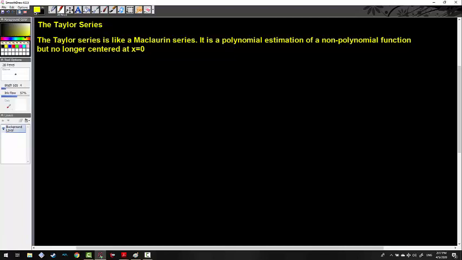So if we review from the last couple of videos, if we look at the Maclaurin shortcut, that was p of x is equal to f of 0 plus, and I know I called the next piece f prime of 0 times x, but in reality I'm going to call it something different to make it look more like the Taylor series that we're going to be dealing with. I'm going to call it x minus 0, which is basically x, and so again we're just doing it to make it look more in line with what we're going to do with the Taylor series.